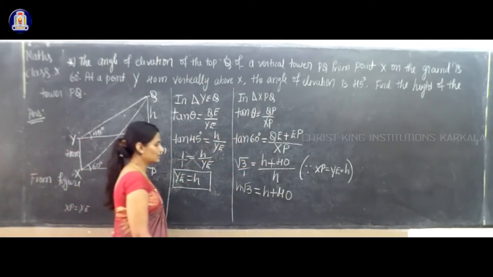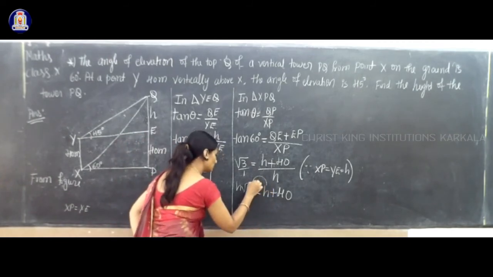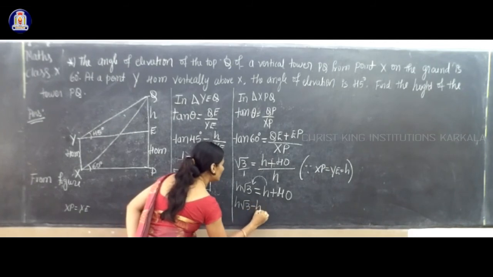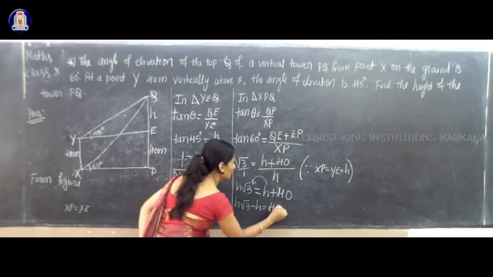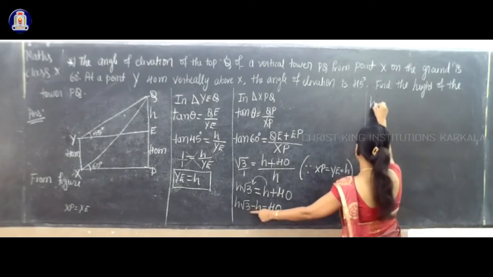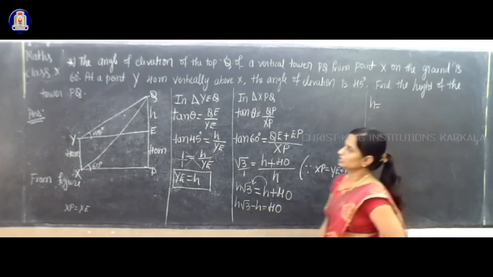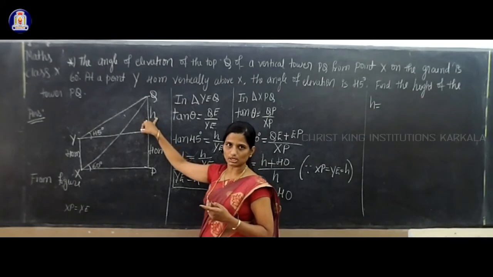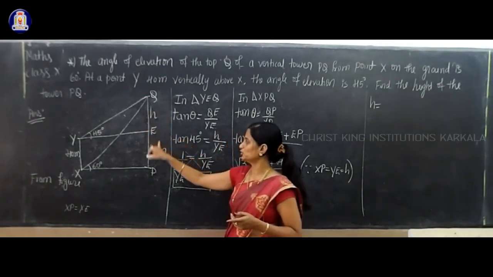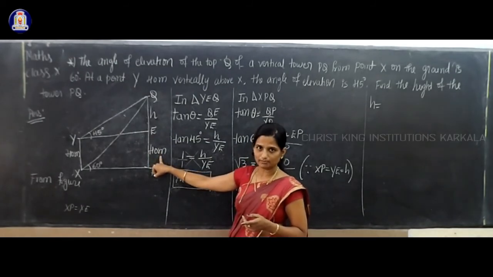So now collect H terms. So H comes this side. So H root 3 minus H is equal to 40. H is outside. Your aim is to find H. After getting H, the value of H is to be added to 40 meters.